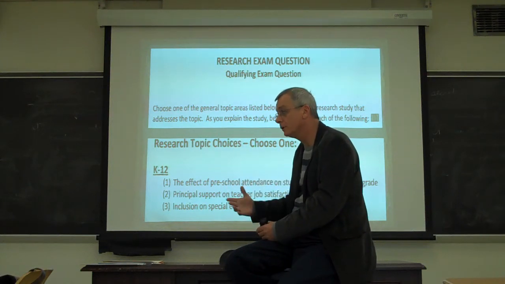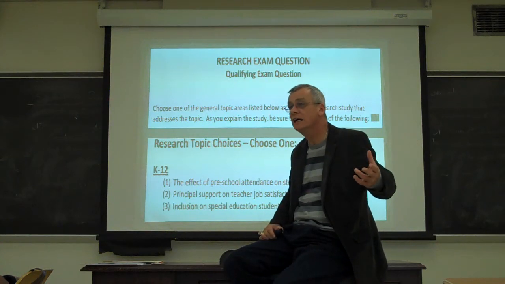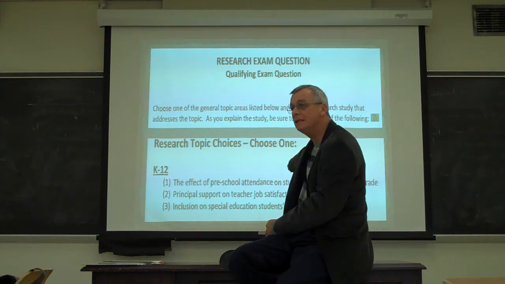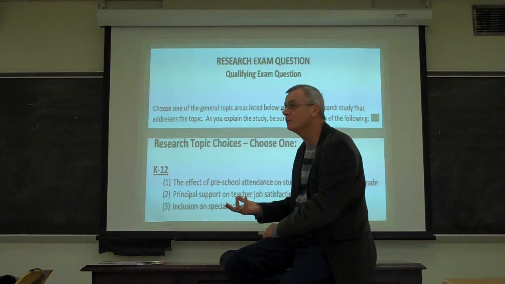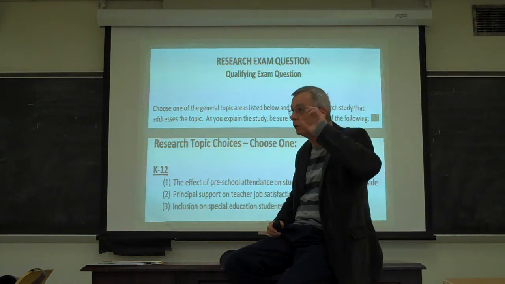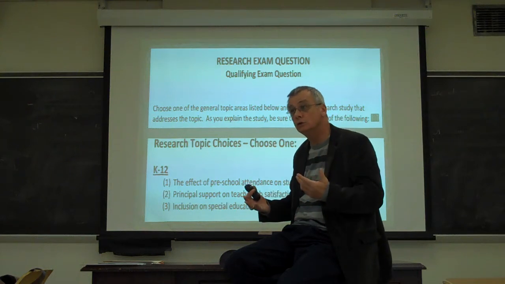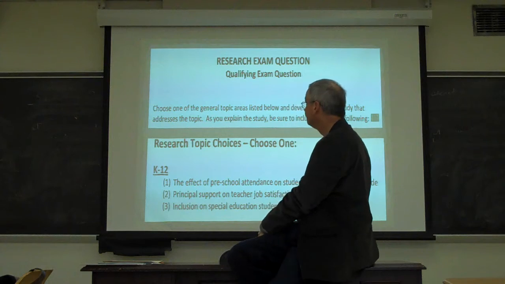We have preschools now in public school districts that are not Title I districts and are not required to have it. You see what I'm saying? So the more specific you're able to make this question, the better it's going to be for you when you get to the methodology, because now you're focusing on one specific area and one specific group, and it makes it more doable to create a methodology from it. Do you understand where I'm going?